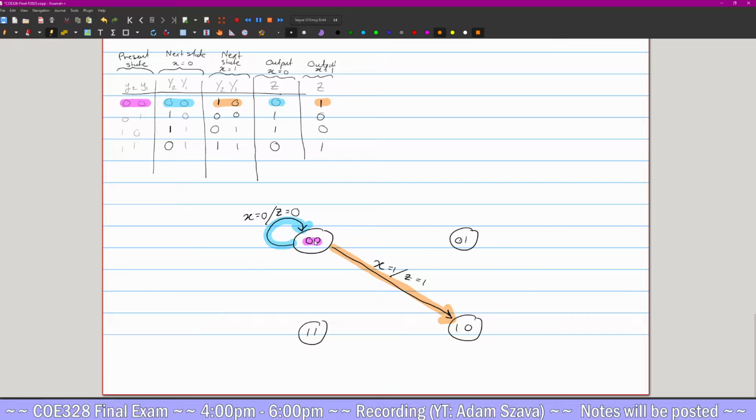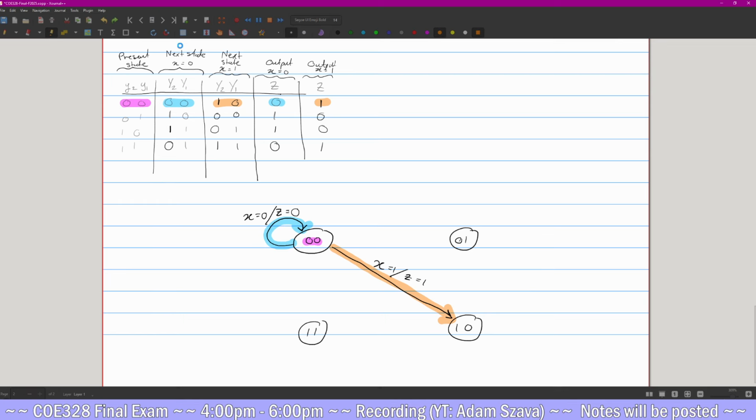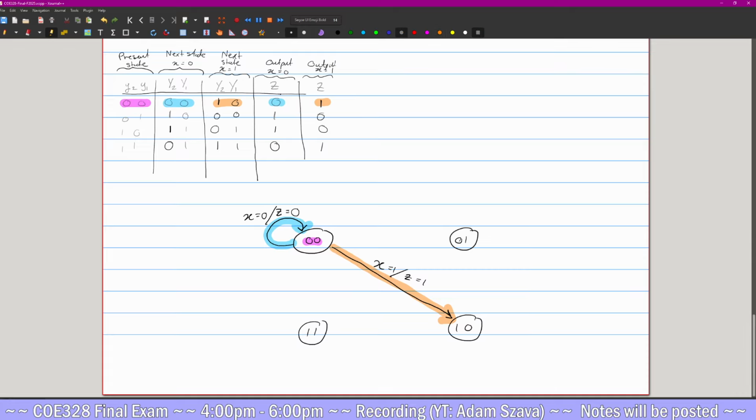But if I'm in this state, and X is 1, then Z will be 1, and if I clock, I'll transition here. Basically, these arrows are telling me what my next state is going to be. The best way to understand it is to say that the arrow is telling you what the next state is.